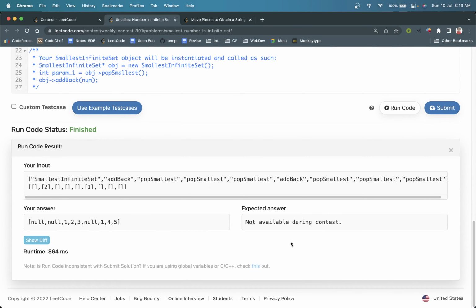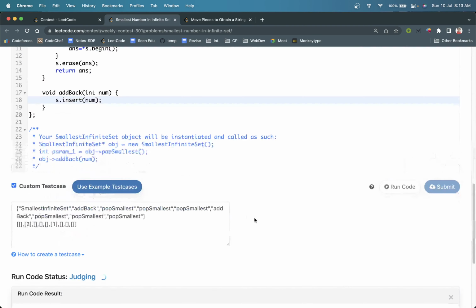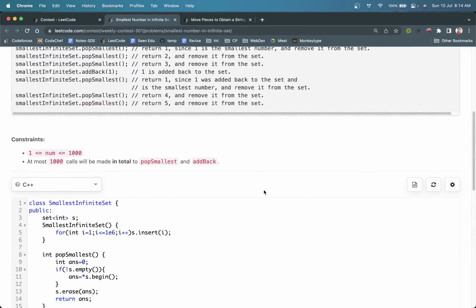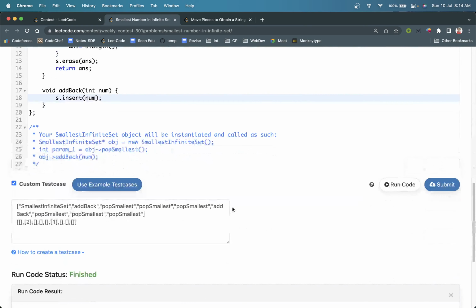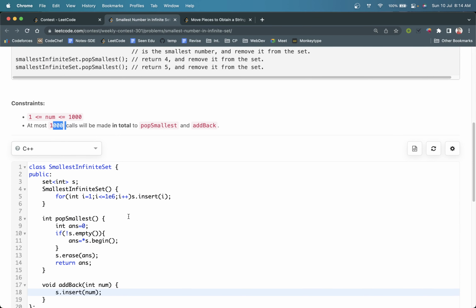What's this? There is only one example. I have to improve my approach. If I use an unordered set, it will not be ordered. So there are 1000 calls. 1000 calls of pop and add means we can remove 1000 elements.